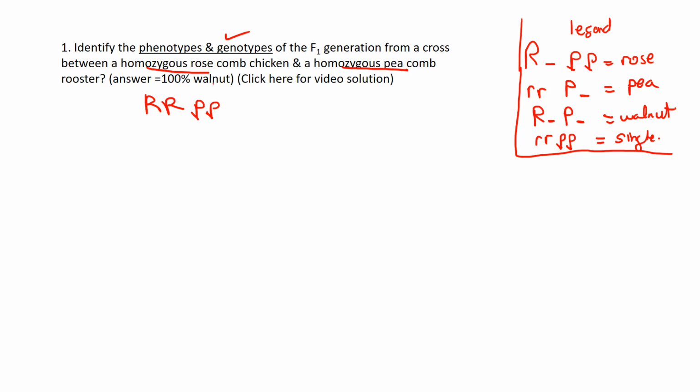There's our rose comb chicken. Now homozygous pea, I have to have a capital P, but I have to have two little r's. That's a given. And because it says homozygous, that's how I know this is two capital P's. Homo meaning same, both those alleles are the same. So there's the genotypes of our parents.